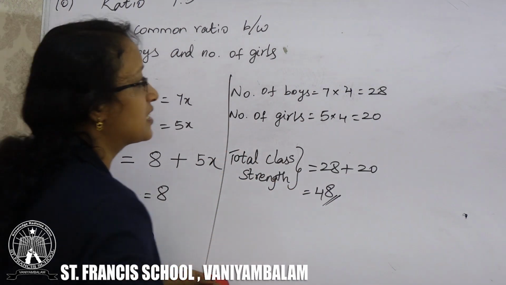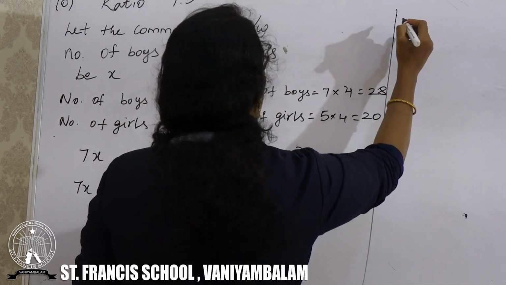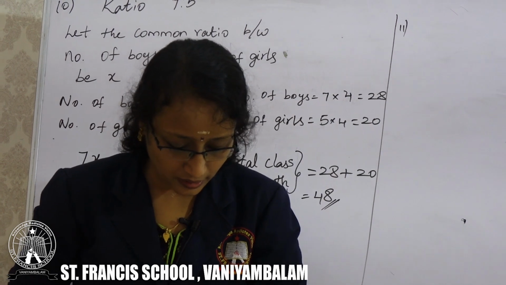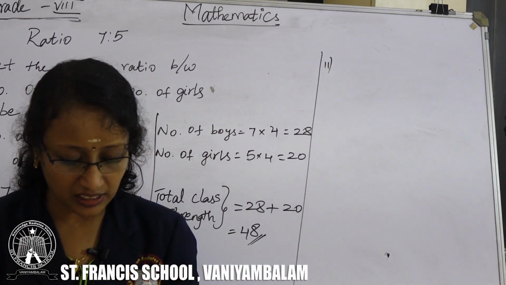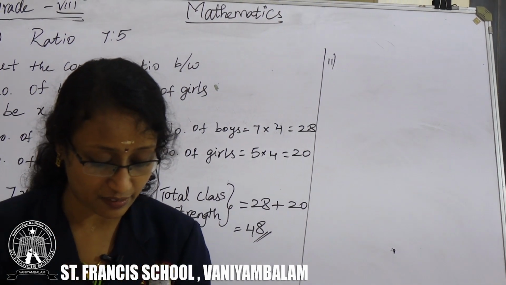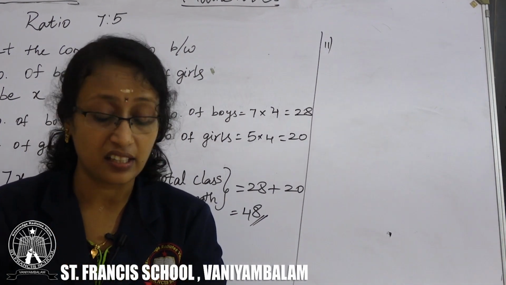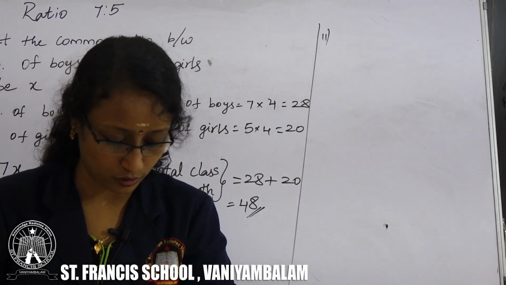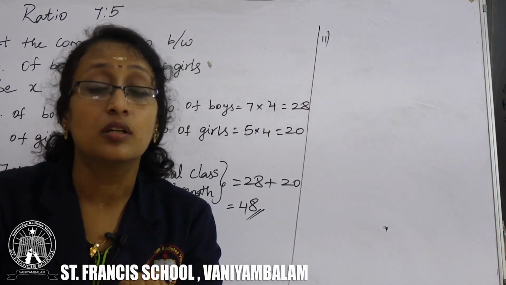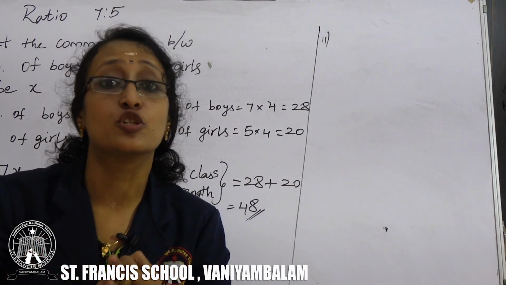Our next problem is question number 11. It is given Bai Chung's father is 26 years younger than Bai Chung's grandfather and 29 years older than Bai Chung. The sum of the ages of all the three, Bai Chung, father and grandfather.